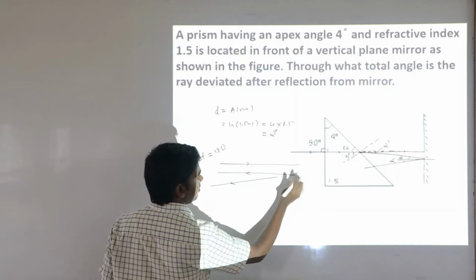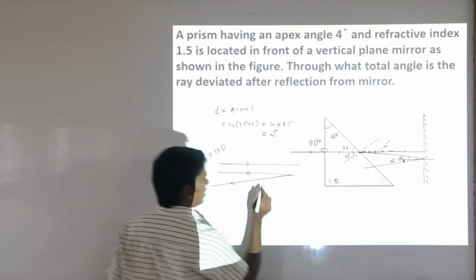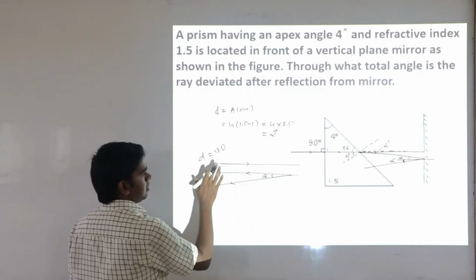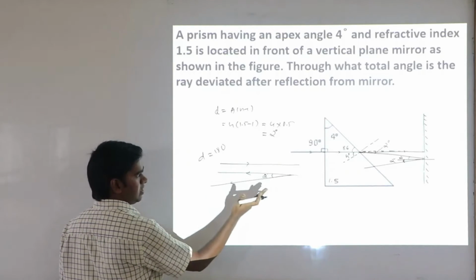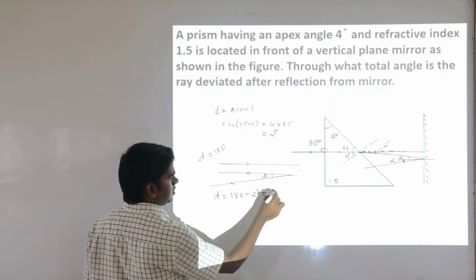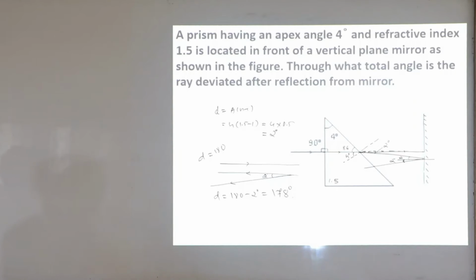Okay. So how much is it deviated? It is deviated, meaning the angle of reflection is 2 degrees. So this is deviated by 2 degrees. That means we have to subtract 2 degrees from that. So the deviation is 180 minus 2 degrees, so the deviation is going to be 178 degrees. Okay.